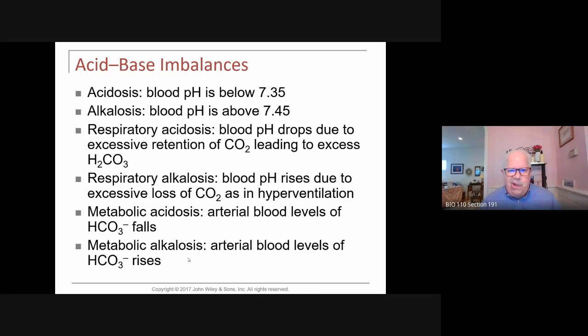And you'll have ketones in your urine. So if you starve to death, or if you have uncontrolled diabetes, you will develop metabolic acidosis. One of the treatments of metabolic acidosis is to give you insulin, because the most common cause of metabolic acidosis is uncontrolled diabetes.